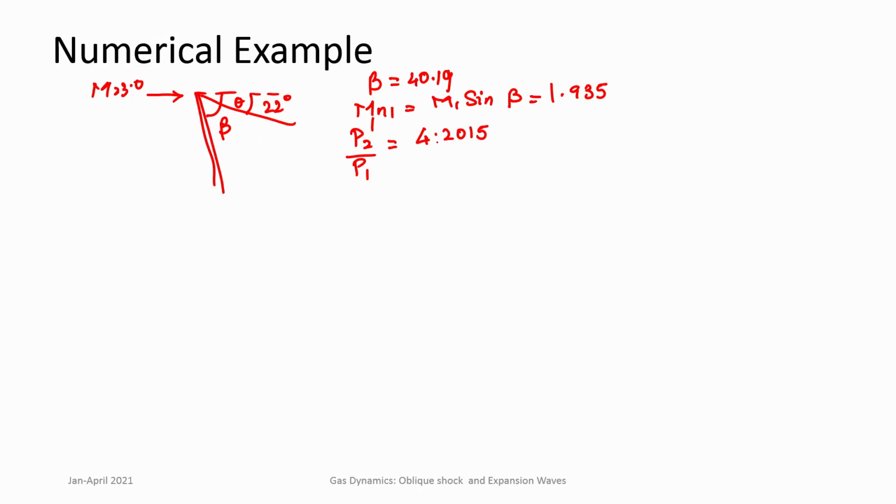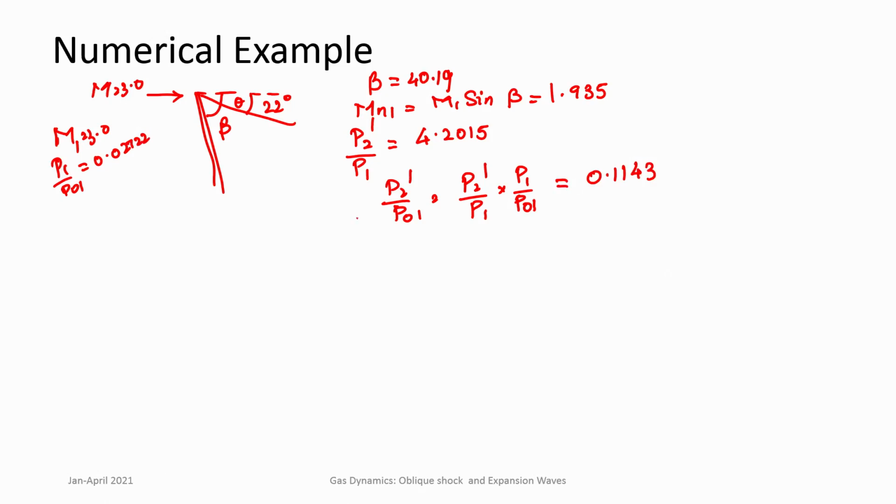What we need again is P2 prime by P01, which is P2 prime by P1 multiplied by P1 by P01. P1 by P01 is nothing but, for the upstream Mach number M equal to 3.0, what is P1 by P01? This is known, 0.02722.